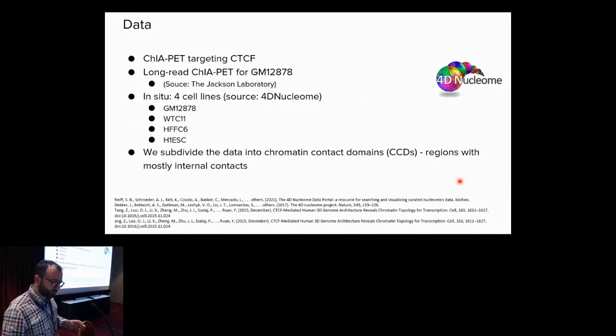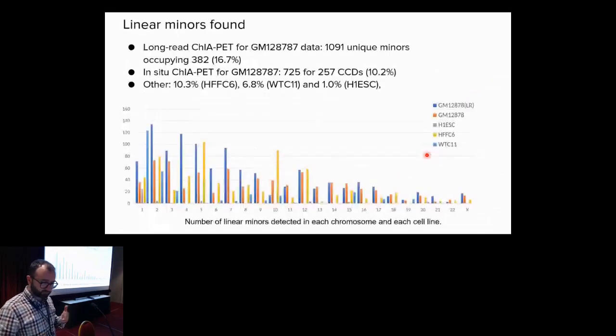And also to keep the thing manageable, we subdivide the data into chromatin contact domains. It's a concept similar to the topologically associating domain, but it's defined on the basis of ChIA-PET. These are smaller regions that are contained mainly within region contacts. So this seems to be a good way to divide it.